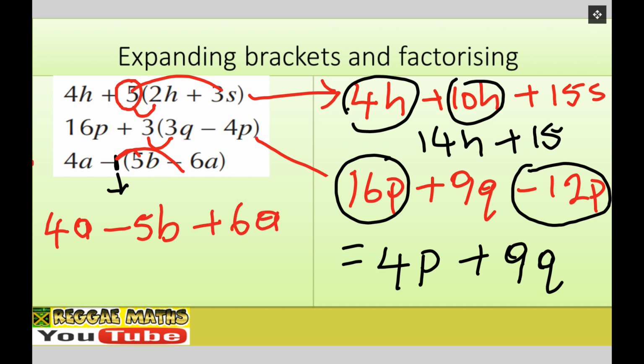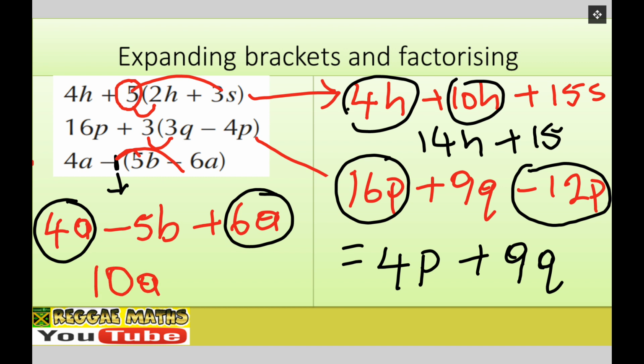So like terms here are 4a and 6a. The answer is going to be 4a plus 6a gives us 10a minus 5b.